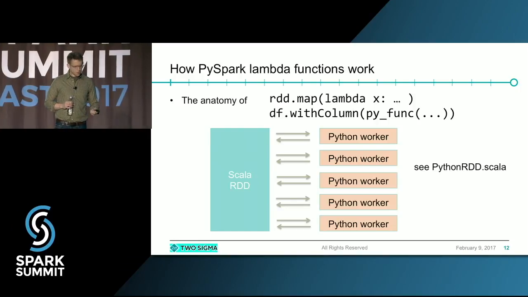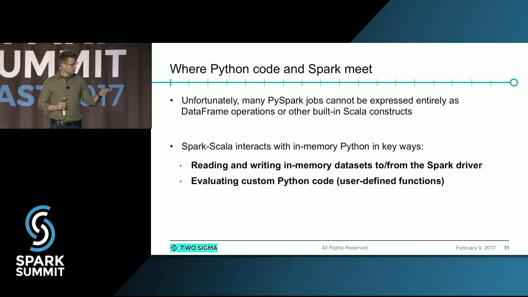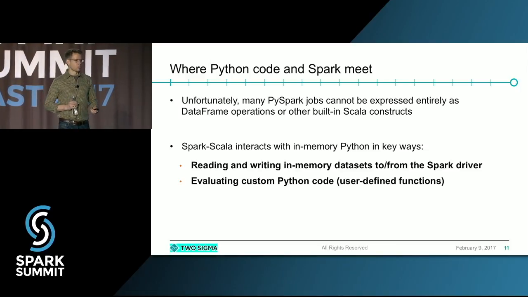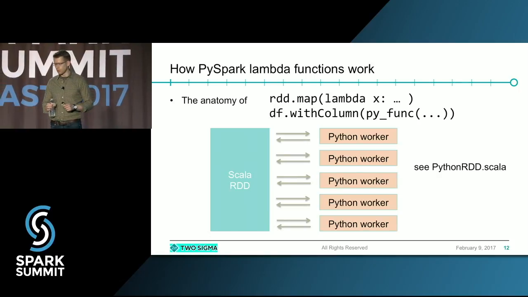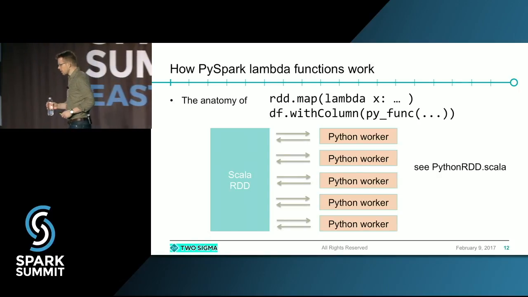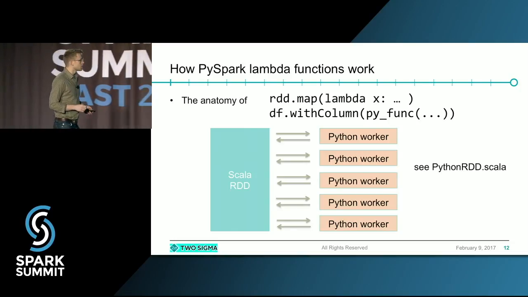So if you think about the UDF problem and the other major area where in-memory Python interacts with Spark, pushing and pulling data, it's a very similar problem because the Spark driver is making data available to the memory space of the Python process.